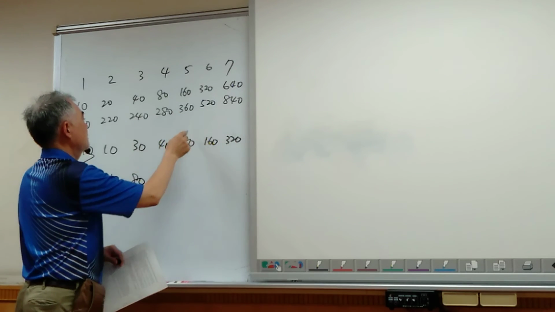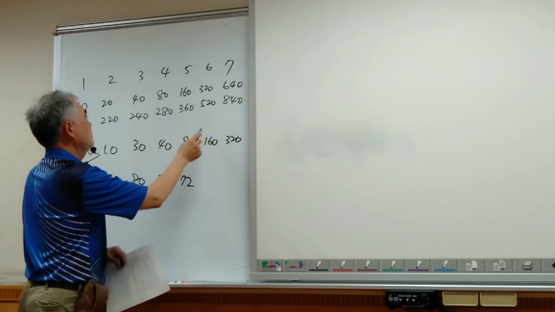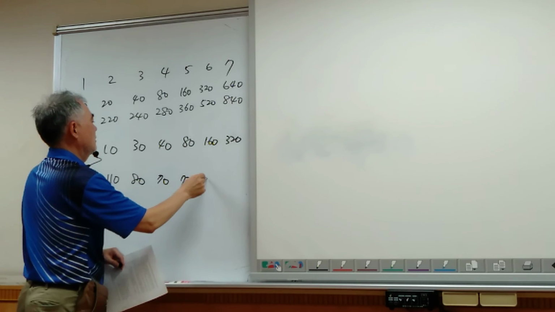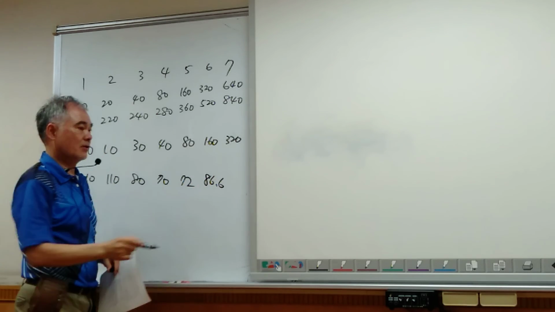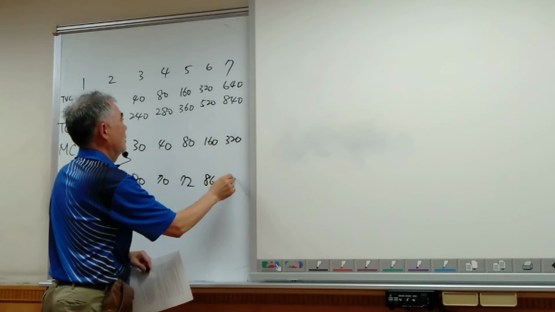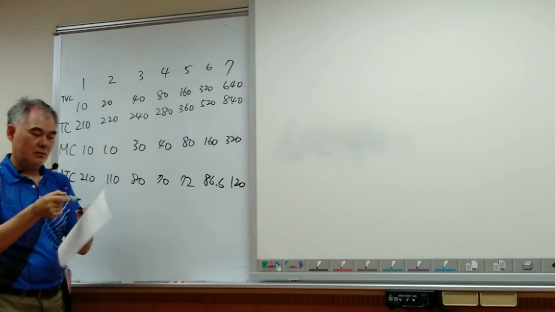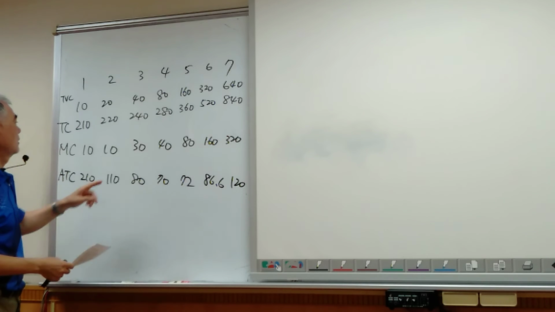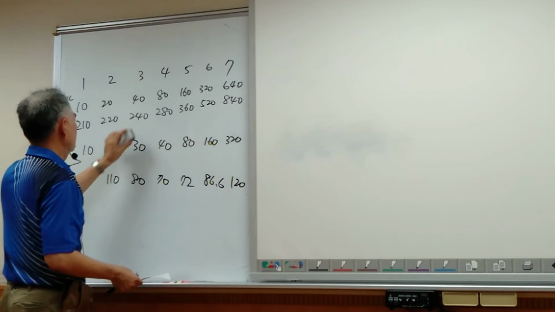And then here what you get? 72, right? And here you get something like this. Question: how much is this? 20. Okay, sorry. Thank you.